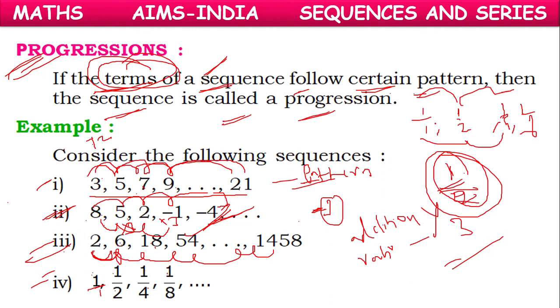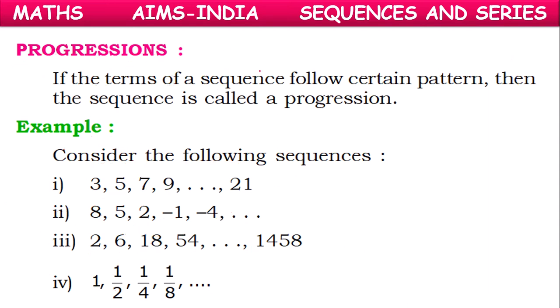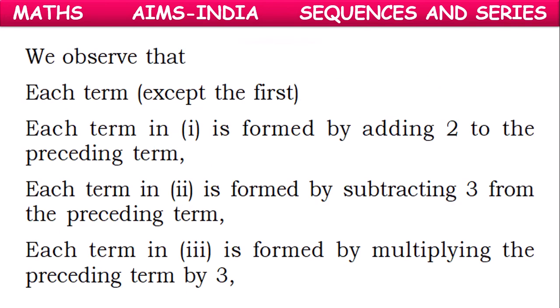Except the first term, all other terms are obtained by multiplying the previous term by 1 by 2. So 1 by 2 is considered the common ratio. This is also an example of a progression. Progression is just a sequence which follows a certain pattern.